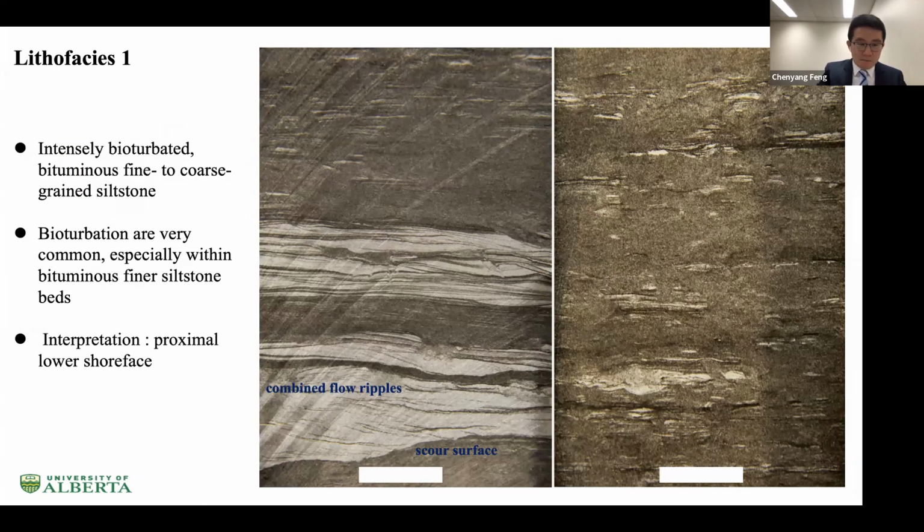But the bioturbation is mostly identified from the bituminous finer siltstone units. The coarser siltstone beds showing combined flow ripples and scour surfaces represent the tempestites. Lithofacies 1 is interpreted to represent deposition within the proximal lower shoreface.